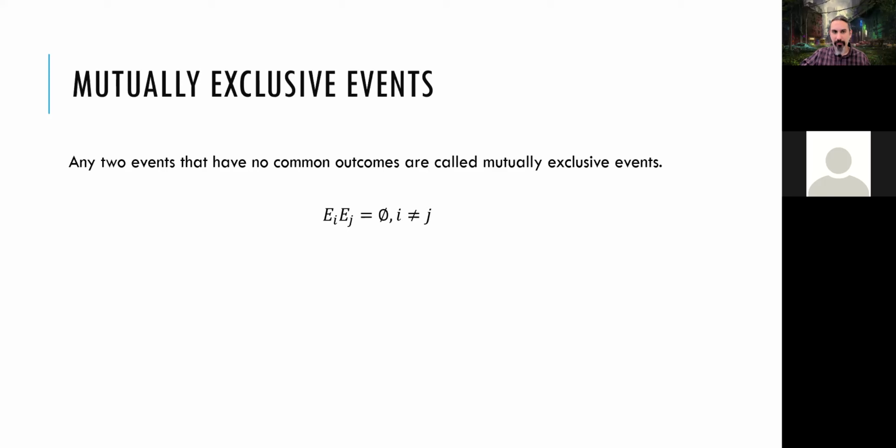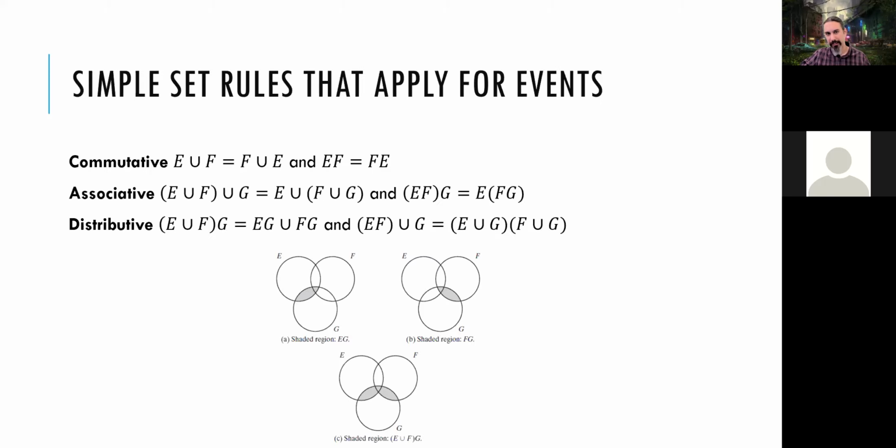Now, we also have the same rules that apply to sets applying to events. We have the commutative rules. So E and F, either in union or intersection, can change places. The associative rules, the parentheses can move.